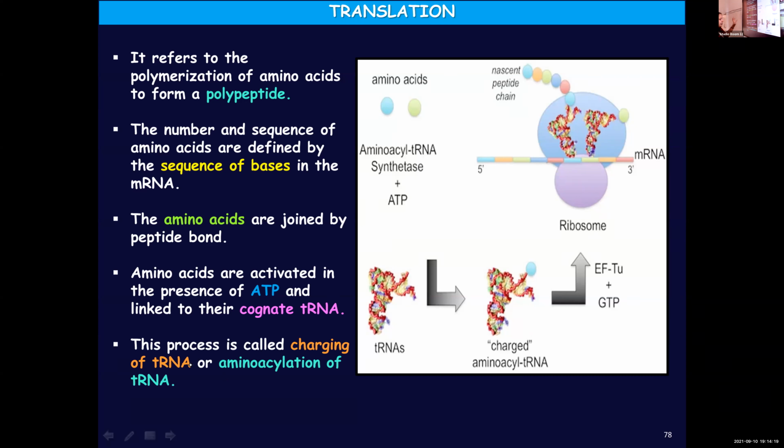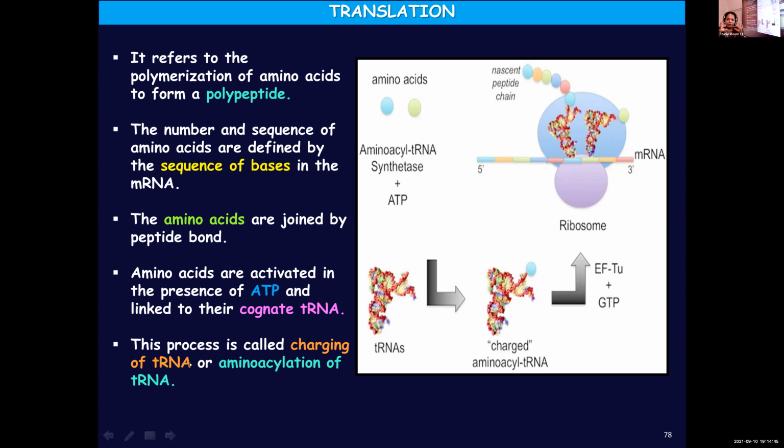So the first step is charging or activation of amino acids utilizing ATP, and then they will get attached to their cognate or related transfer RNA. The relation is in terms of the anticodon. So this anticodon is specific for a particular amino acid. This process is known as charging of transfer RNA or amino acylation of transfer RNA.